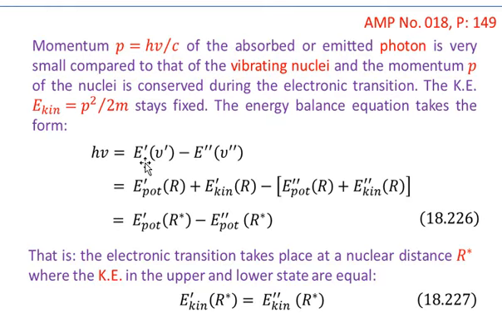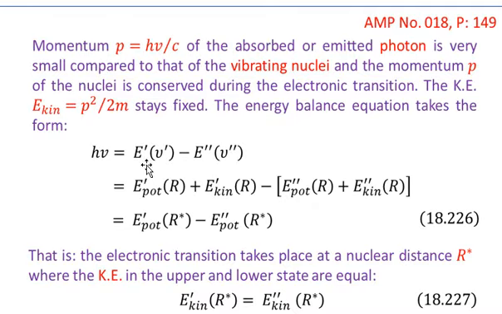For example, E prime is the upper electronic state, E double prime is the lower electronic state, v prime is a vibrational level corresponding to the electronic state E prime, and v double prime is a vibrational level corresponding to the lower electronic state E double prime.